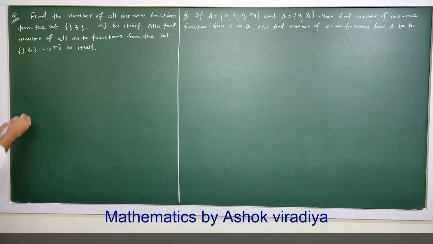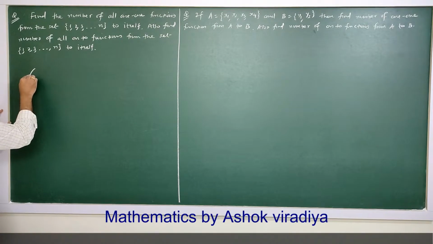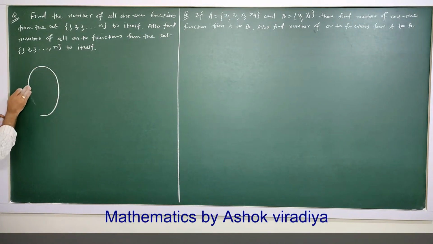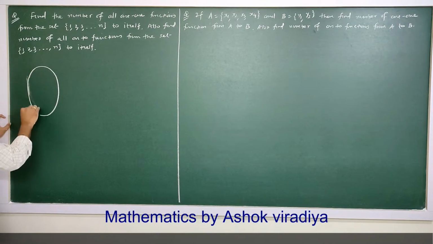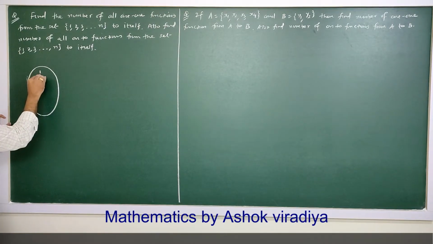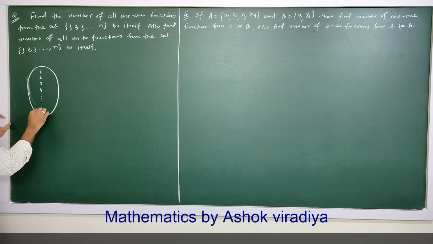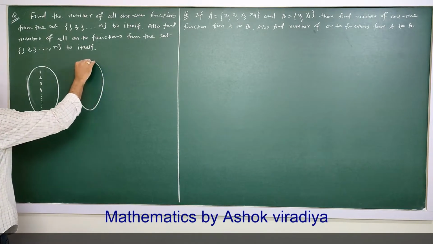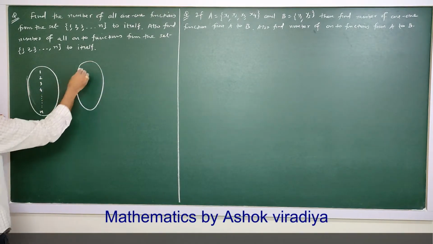To understand this question, I am taking a diagram. This is the first set containing n natural numbers, and the function is from this set to itself.